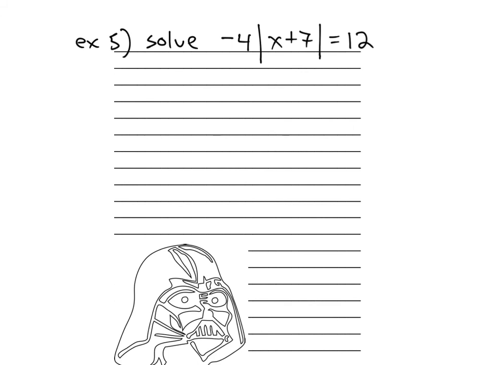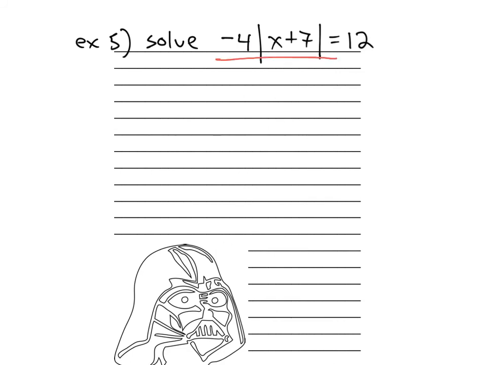Here's another example with stuff on the outside that we have to take care of first. And that thing on the outside is negative 4. And remember, you're always looking to undo the operation. If there's no operation between here, it's telling you it's multiplication. We're going to undo it with our division.